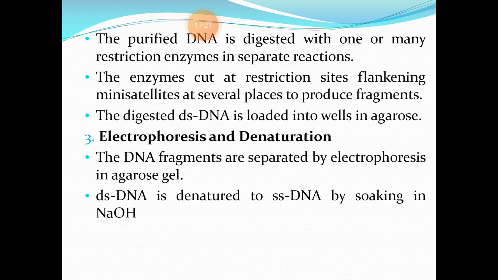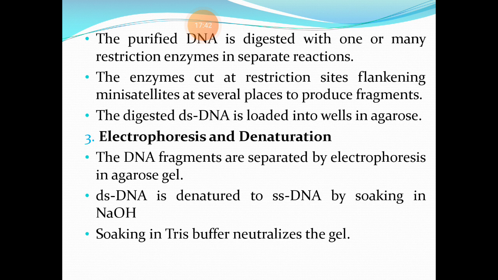Please note, for Southern blot or Southern hybridization, you need single-stranded DNA, not double-stranded. Therefore, you soak in NaOH, sodium hydroxide. Soaking in Tris buffer neutralizes the gel. So, this is the third step, electrophoresis and denaturation.